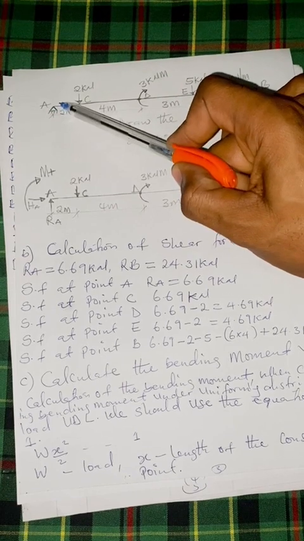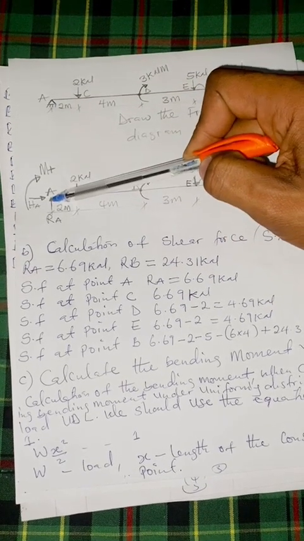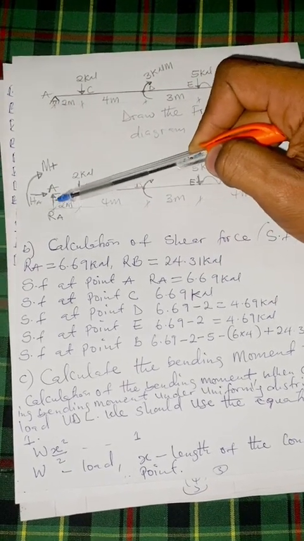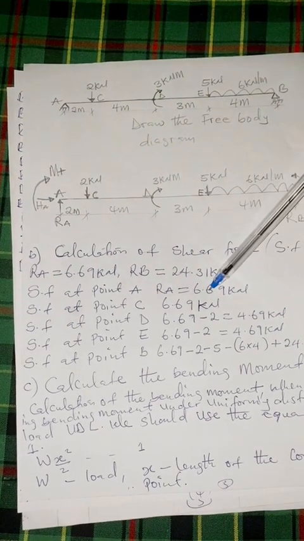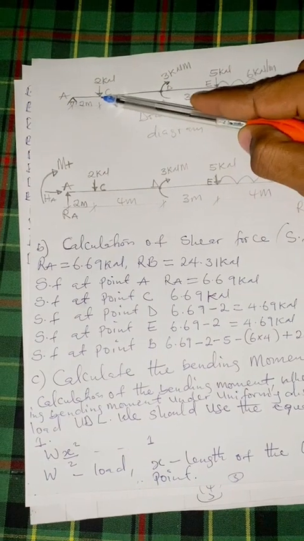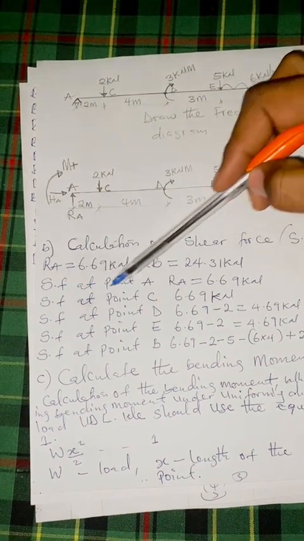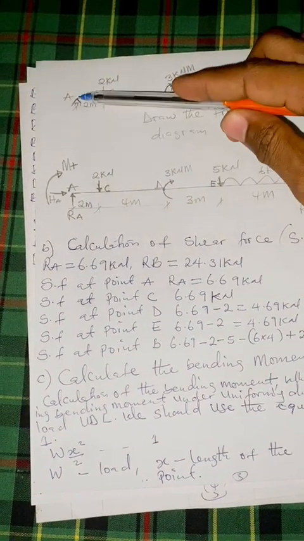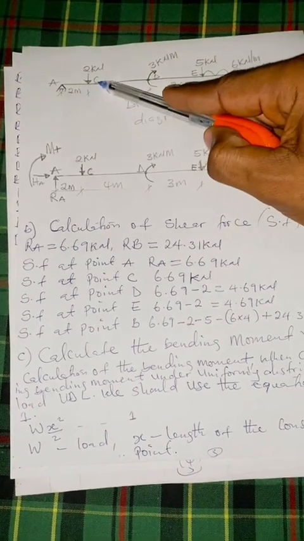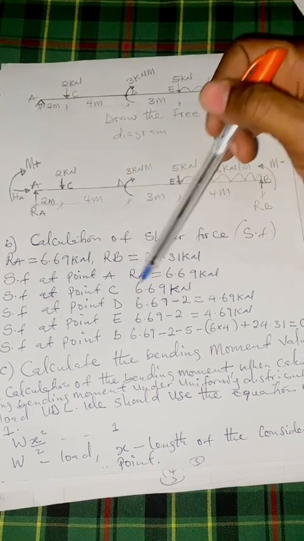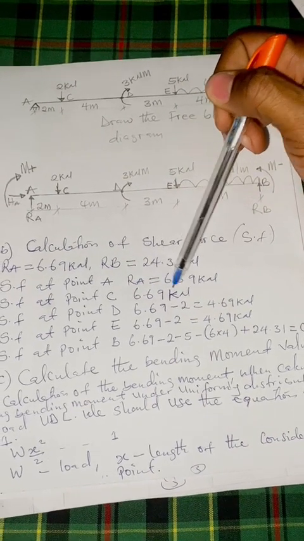So our shear force at point A equals the reaction. Now shear force at point C is the same force from that point, because we have not passed that particular point, so automatically it is 6.69 kilonewton.